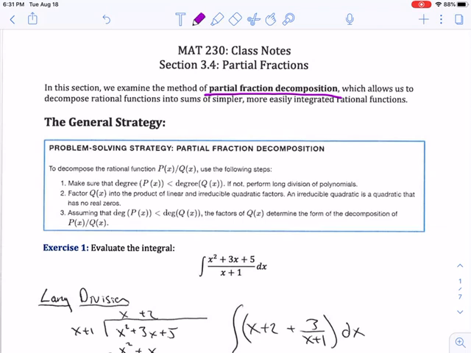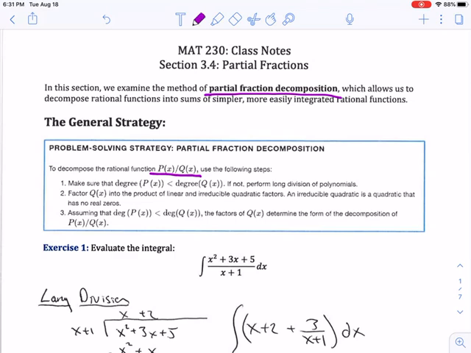So what is this partial fraction stuff? Well, it has to do with a rational function in the form of P of X over Q of X. So what does that mean? Well, P of X is a polynomial function. Q of X is a polynomial function.